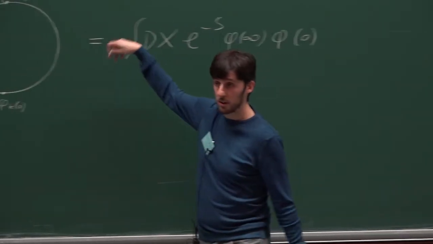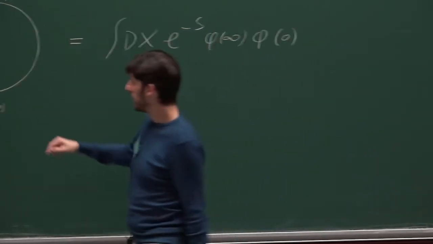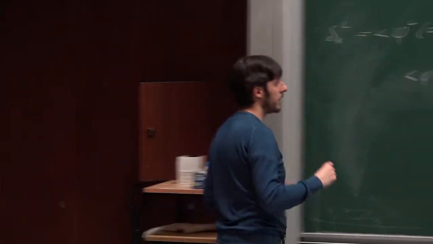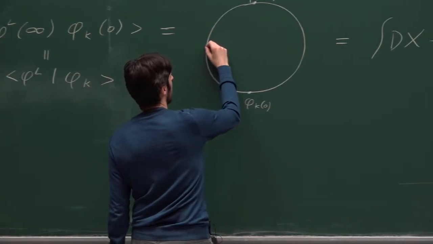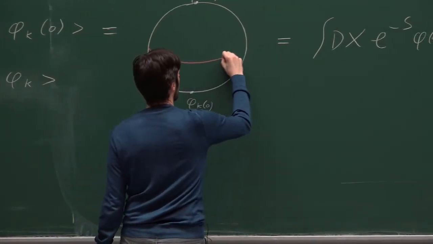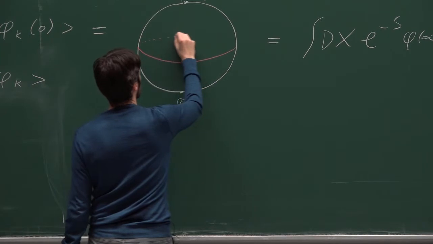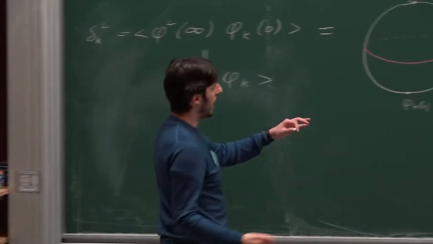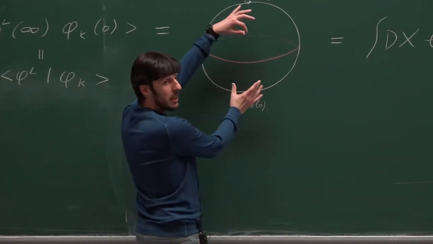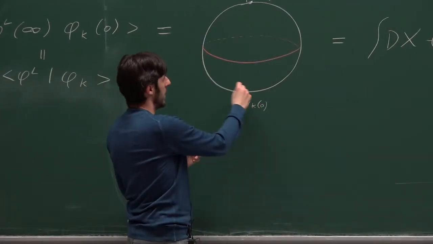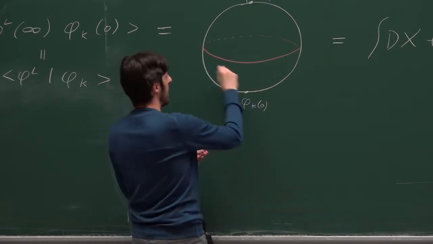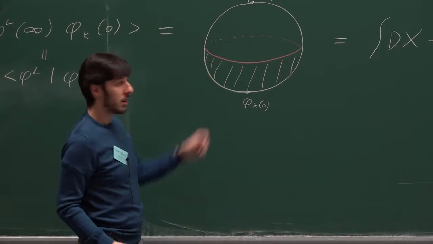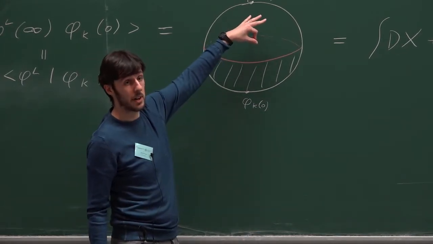And let me not worry about the normalization of these things, it's as usual. So the idea here is that I can think of this as two intervals on two hemispheres. So maybe it's not really in the middle. So the idea here is that I can see this particular operation as doing a path integration over half of the sphere glued with a path integration over the other half.